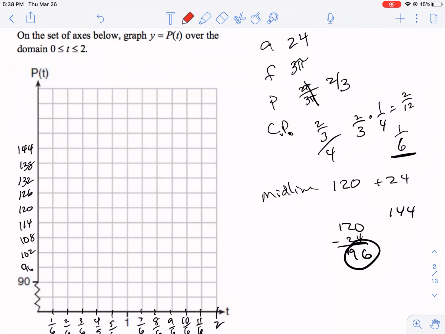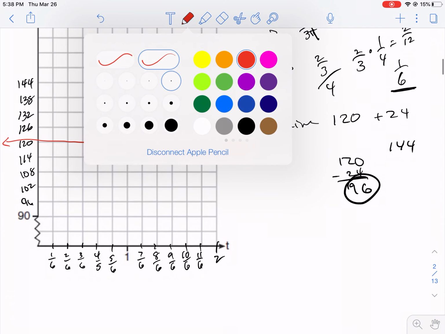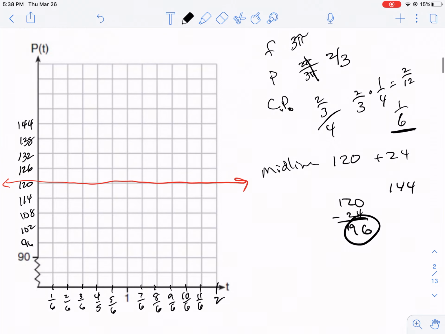Alright, here we go. Our midline is 120, so I'm just going to sketch that in there. That's my ground zero. We are graphing a cosine curve. That means the graph starts in the air at my maximum. We said my maximum was 144.